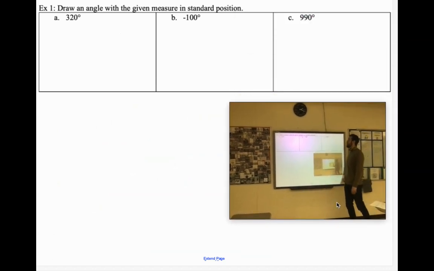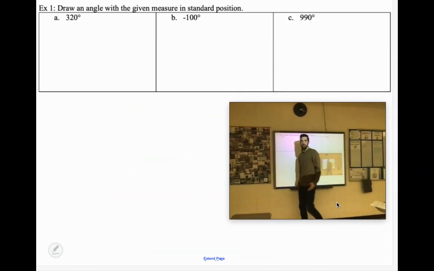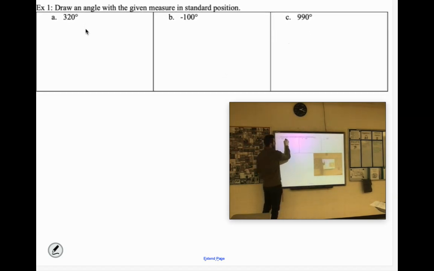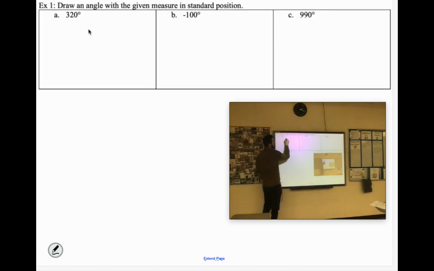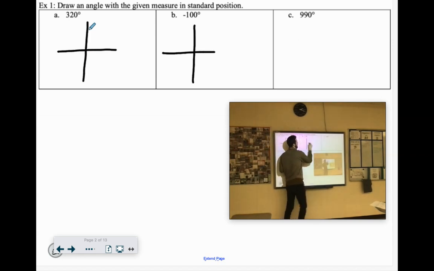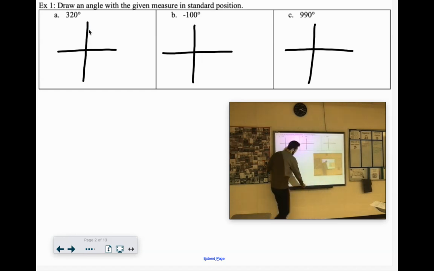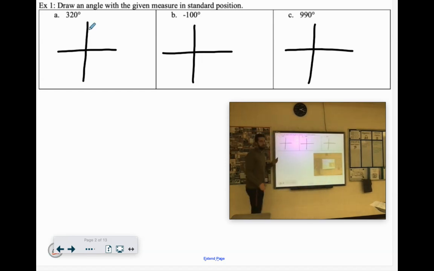So, in fact, let's try that. Draw an angle with the given measure in standard position. You're going to want to draw yourself an X and Y. You're going to want to move stuff all over the place, I guess. X, Y, let me go ahead and get those going for all three of them. Now, when they are positive, remember we're starting on our x-axis and we're starting to go up from there.